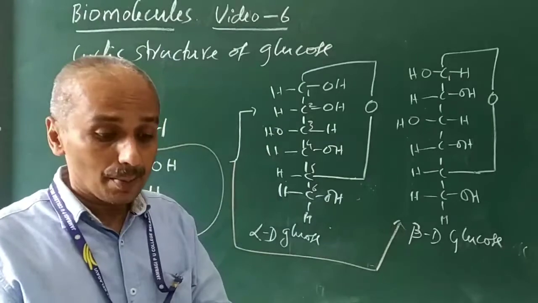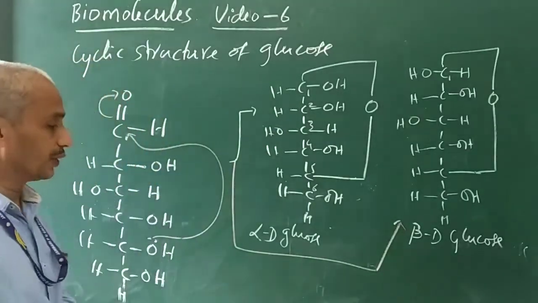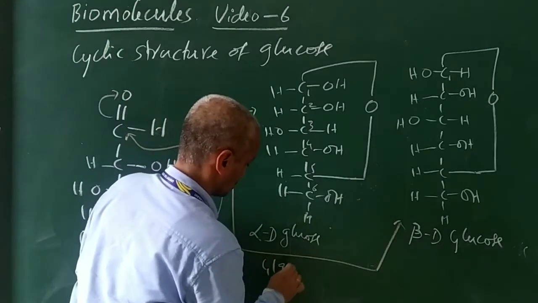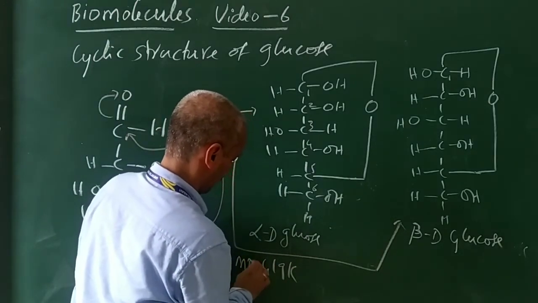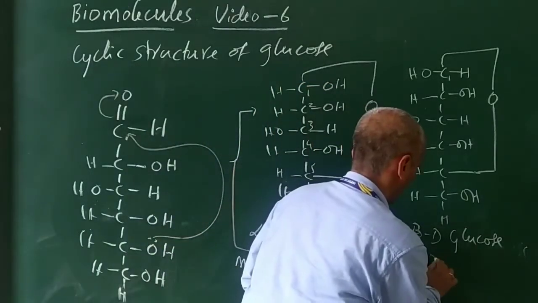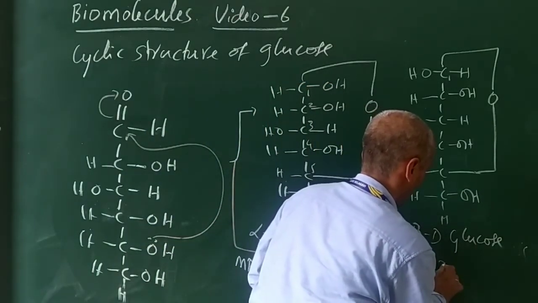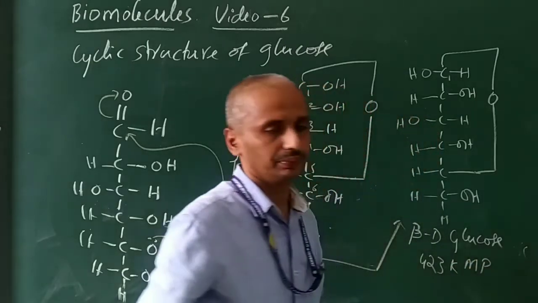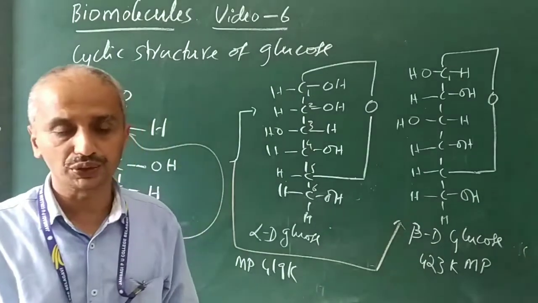The melting point of alpha D glucose is around 419 Kelvin, whereas beta D glucose is 423 Kelvin. How are we obtaining these?